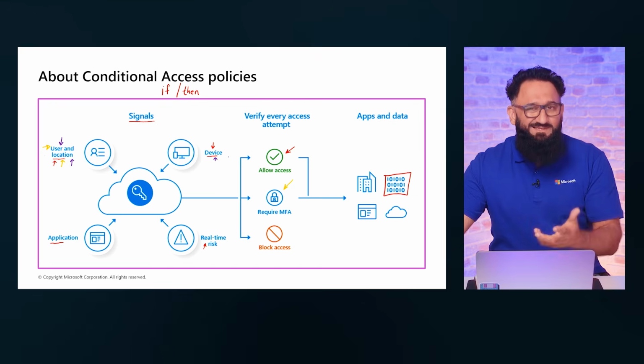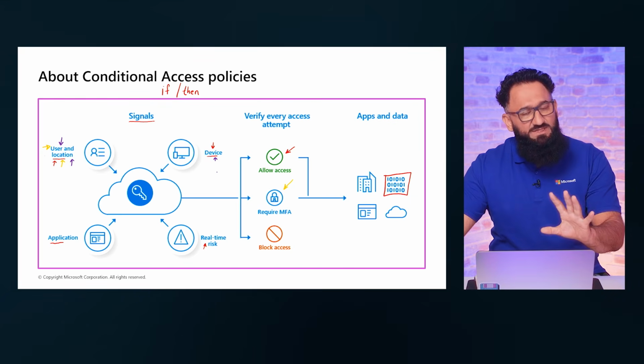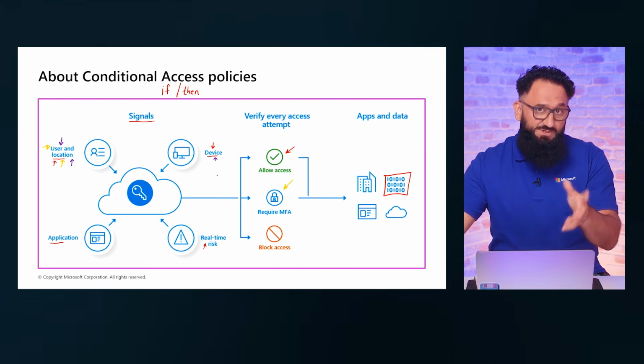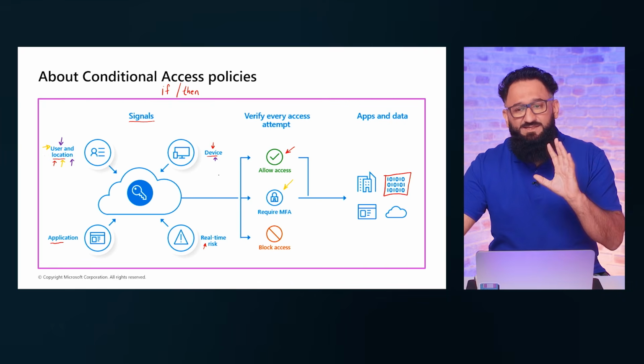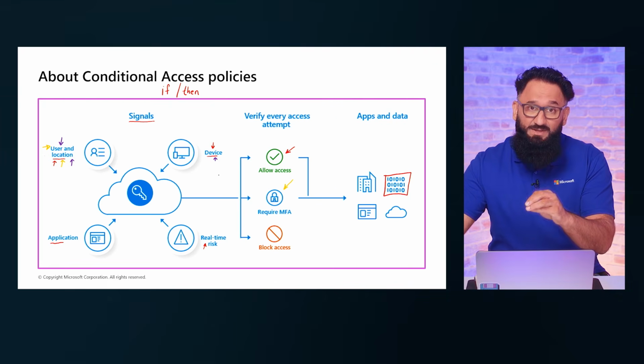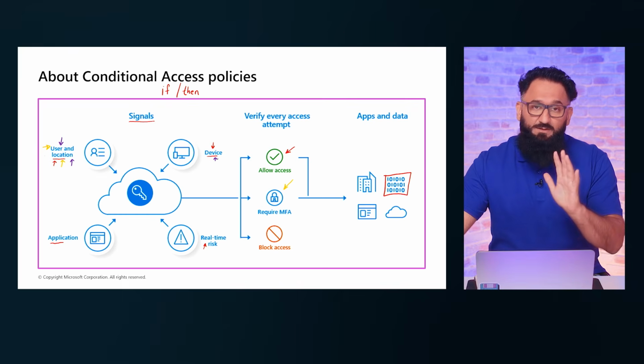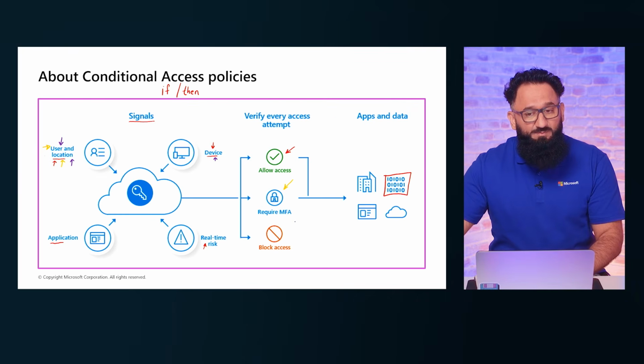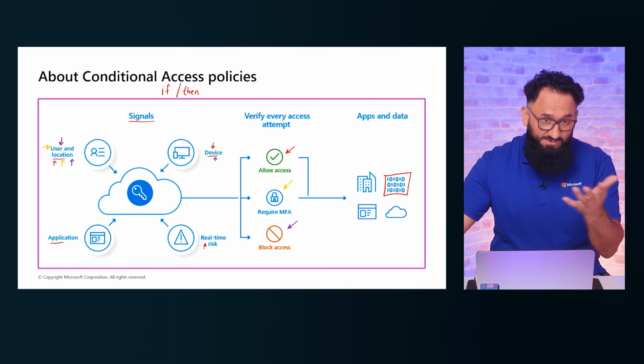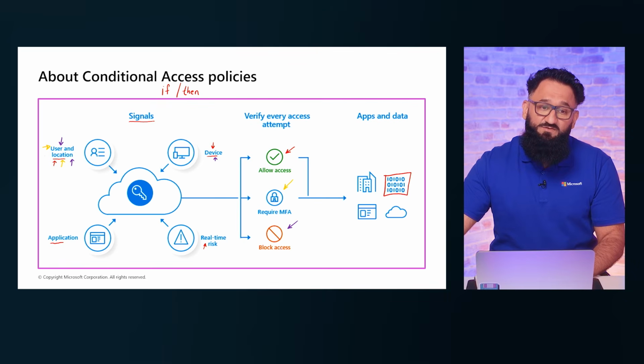Now, when I try to access this data, the conditional access policy at that point could see, hey, this user is coming from outside of the region that's required for the person to be compliant to be able to work on this data. Now, it could simply block my access because of some of those constraints based on moving to different regions.